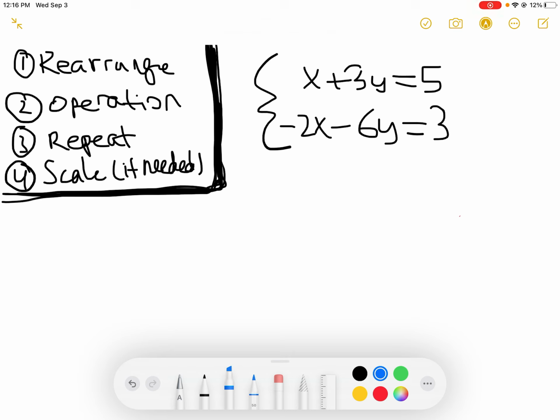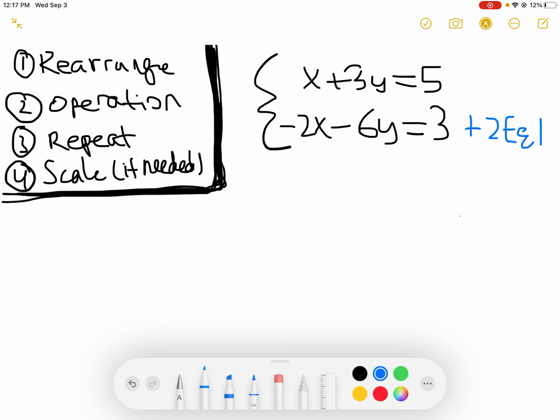We want to do something that would make one of the x's 0x. So what would that be? It's if you added 2 times equation 1 to this one. Sometimes there can be multiple ways to do it, by the way, but this is what I'm doing.